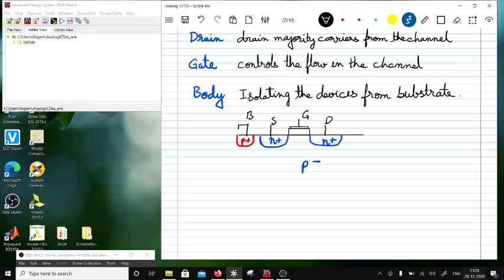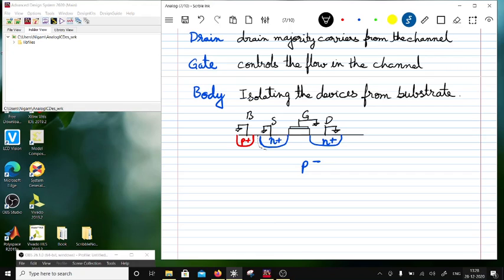Initially let us connect all to ground, for the sake of just understanding. When you connect this to ground, there is a PN junction here. So there are two PN junctions: one is source to the bulk, and the other is drain to the bulk. So this is going to have a certain depletion region.